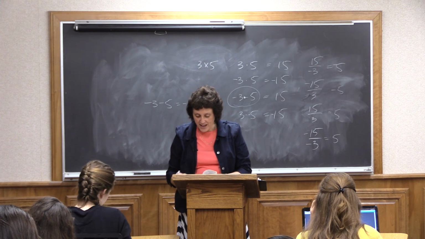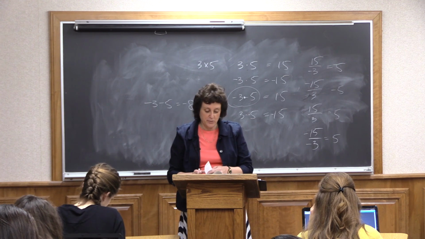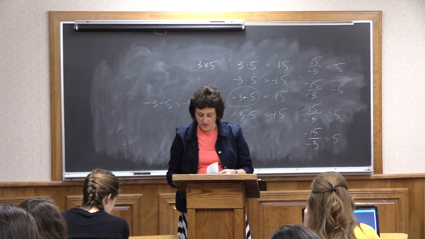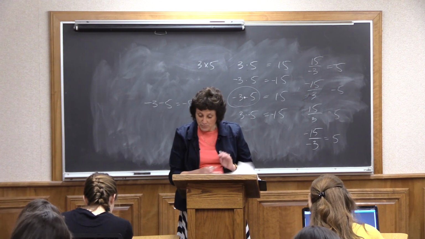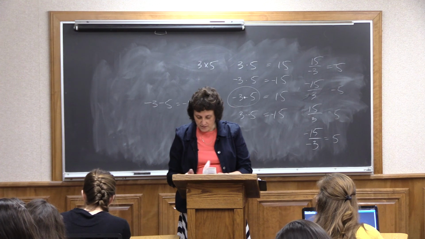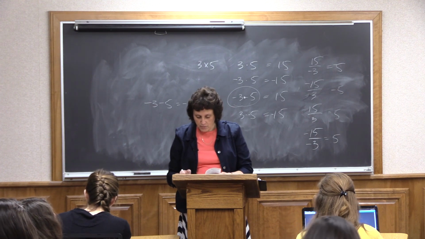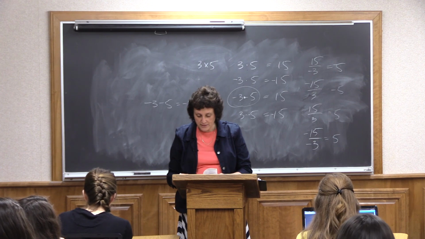And the whole point of that is to realize that not only do we have to apply the order, not only do we have to apply the signs, we also have to work with what kind of numbers?